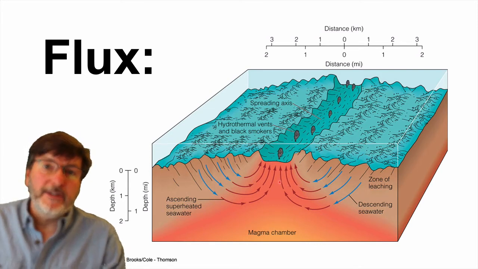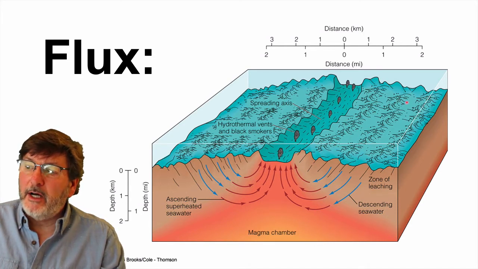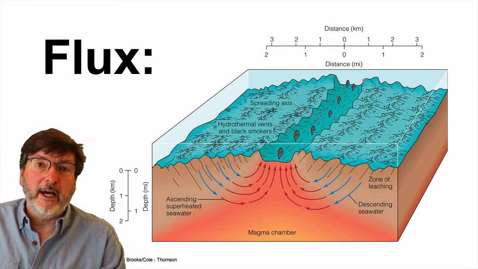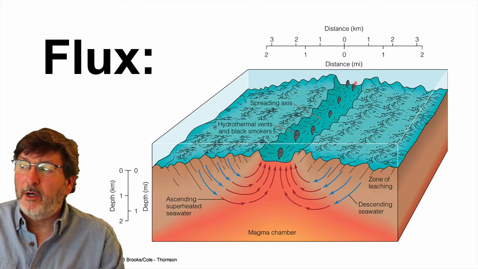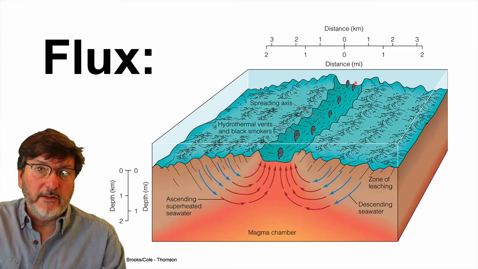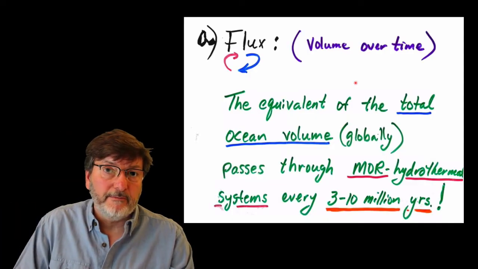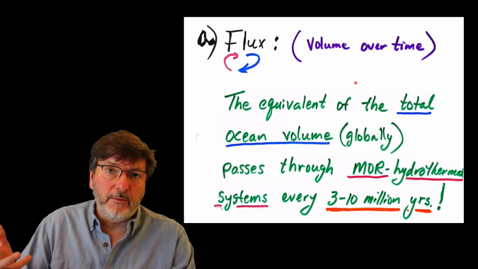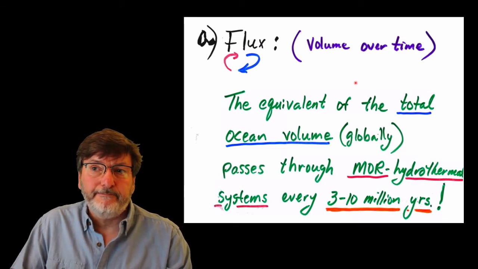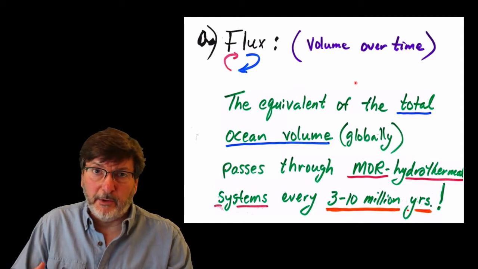So we have a lot of circulation through the mid-ocean ridges in these fracture systems. Cold water again seeps down through the crust and the fractures and all the cracks and crevices, heating up and then rising again, especially in the axial valley and any of the thinner parts of the crust, and coming up and venting as warm and hot water out of the crust. The term flux refers to the volume over some amount of time, like gallons per minute or liters per hour.